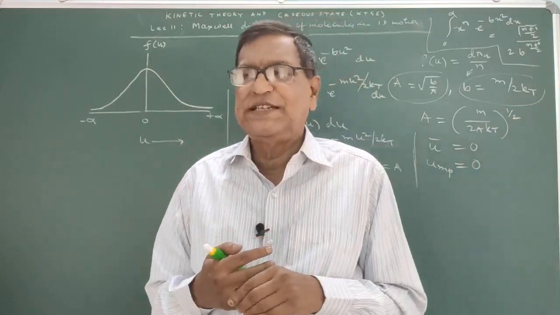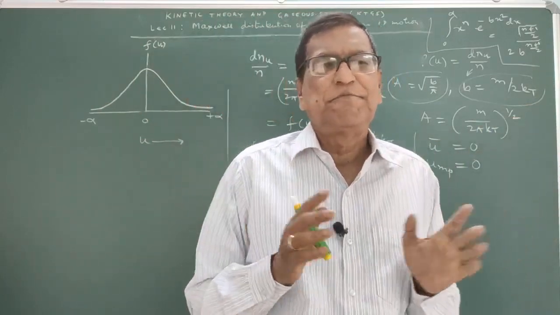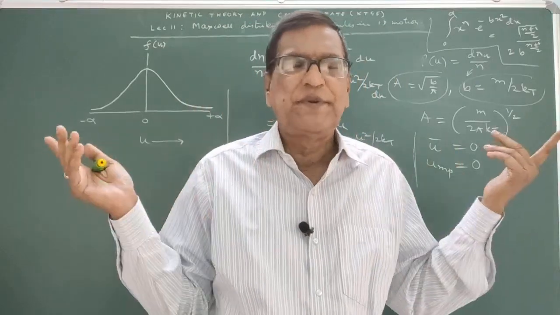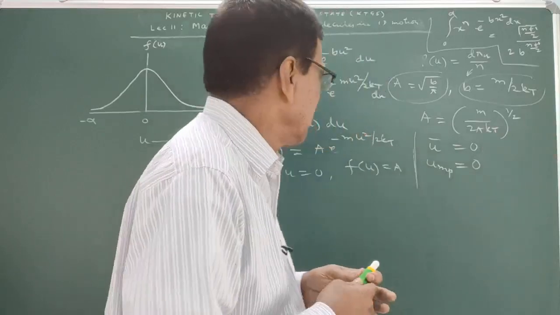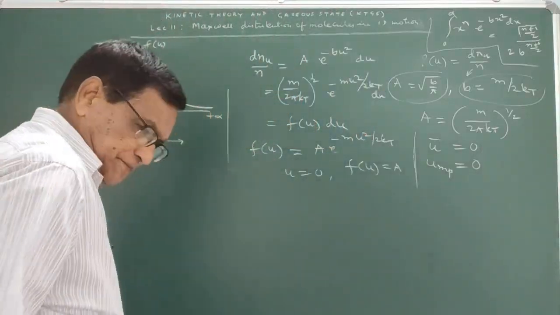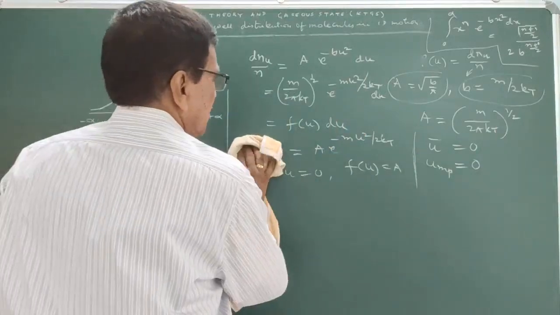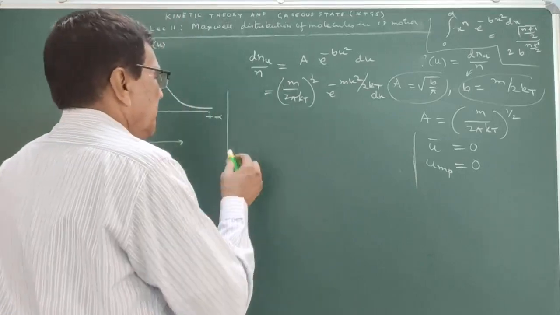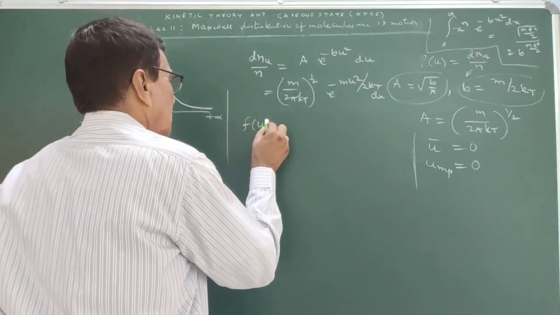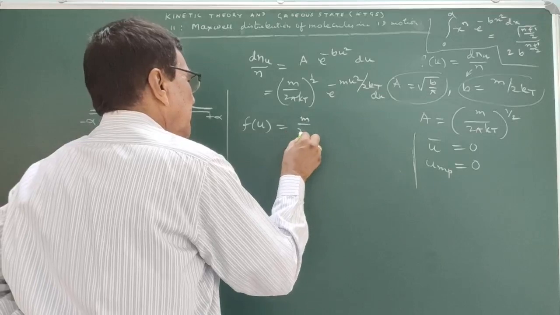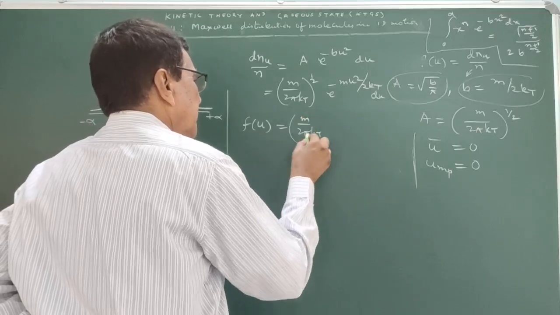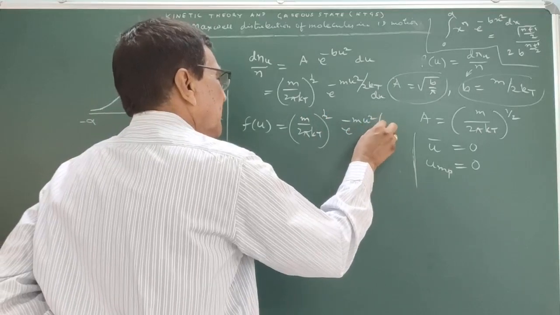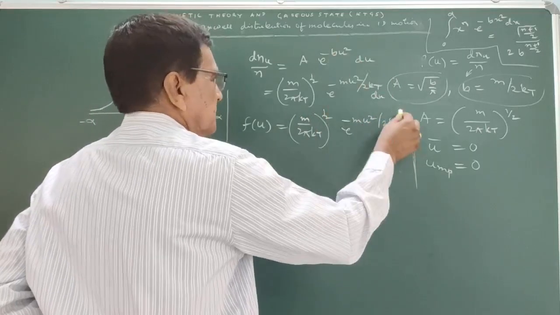Now we would like to see a very interesting feature, the effect of temperature on this distribution function. And this distribution function F(u) equal to (m by twice pi kT) to the power half, to the power minus m u square by twice kT.